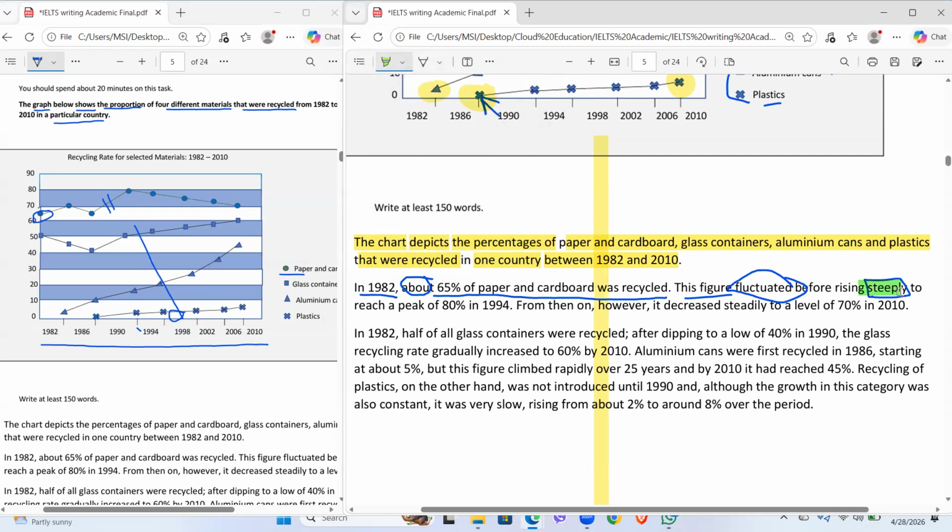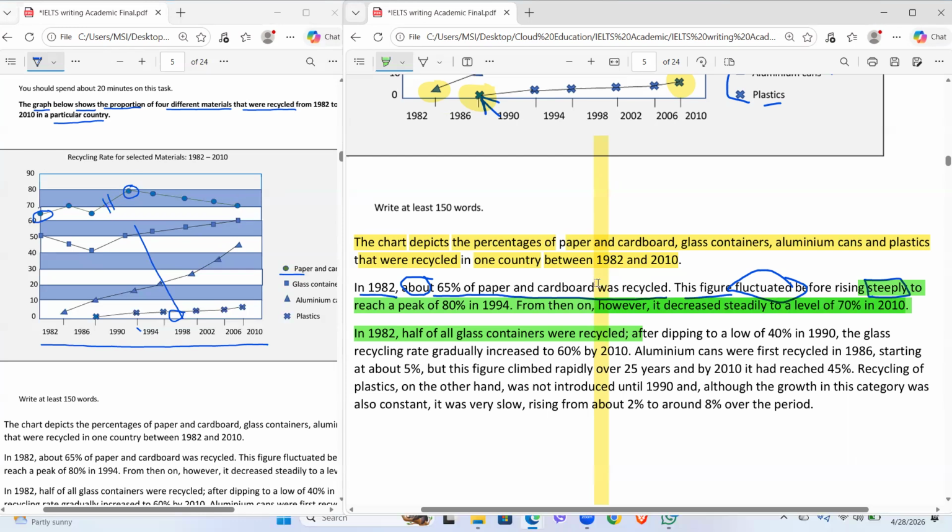Steeply, to reach a peak of 80% in 1994. This was 80%. From then on, however, what is the use of however? Anybody knows the use of however? It has increased, now decreased, no?